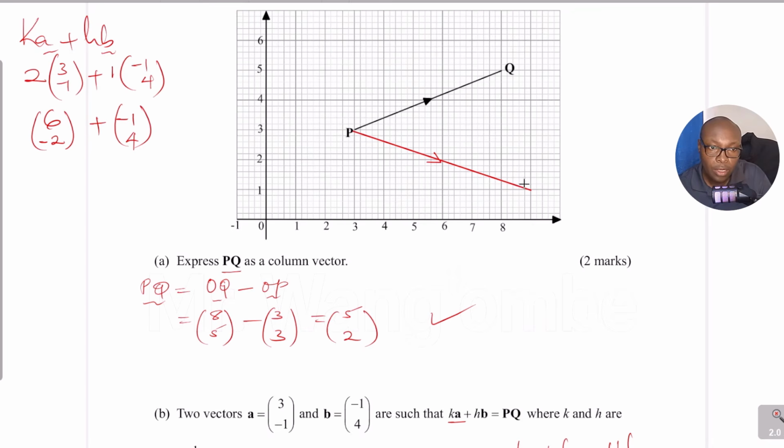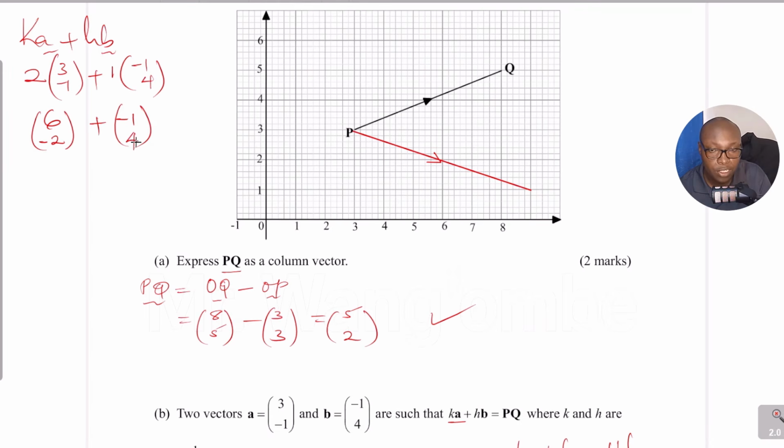Then we add -1, 4. This is a displacement. The first value represents displacement along the x-axis.